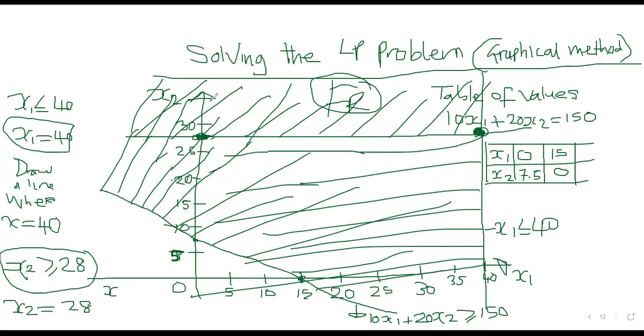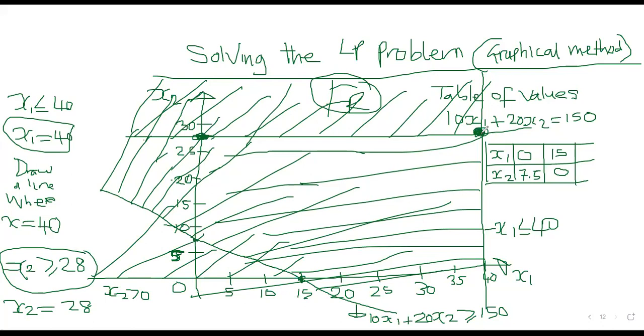When you're cutting x2 at 0, x2 greater or equal to 0, we are shading like this as well for this line. So the shading has come all the way up here. This is where the feasible region is.